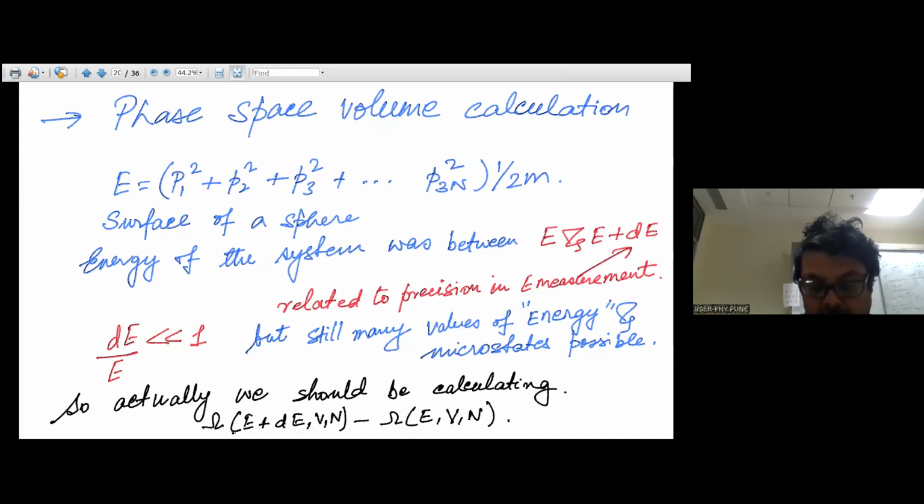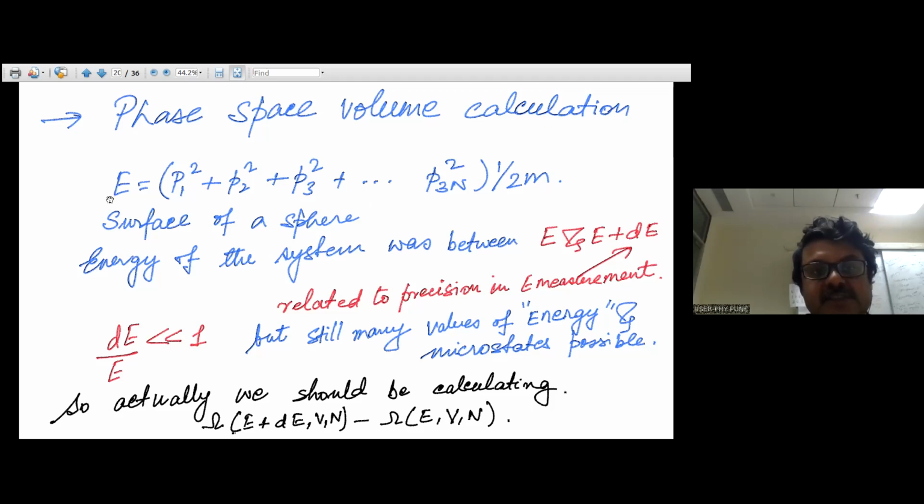Before discussing more properties of ideal gases which can be derived from StatMech, let's take a small detour and discuss the way we calculated the expression for the volume of a three-dimensional sphere in momentum space. So let's discuss phase space volume calculation.